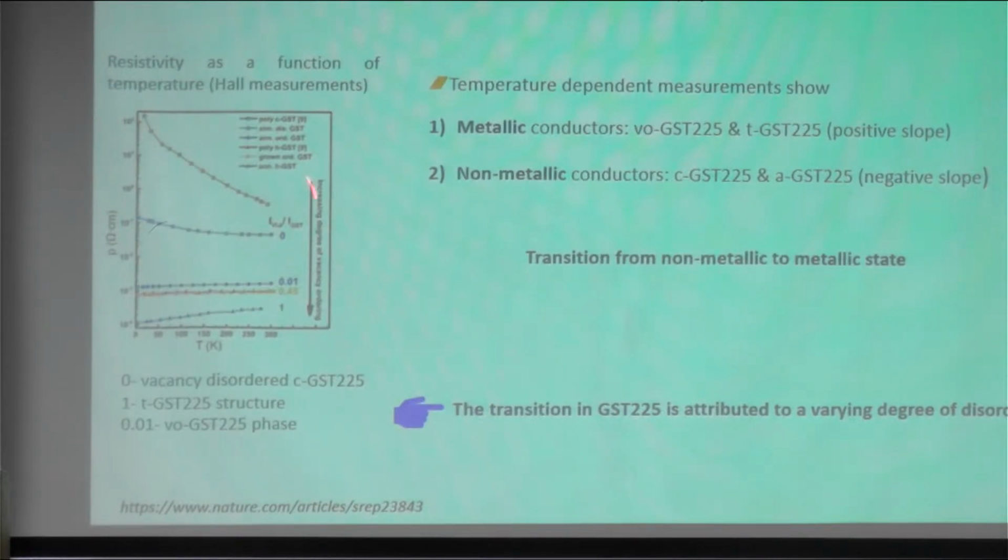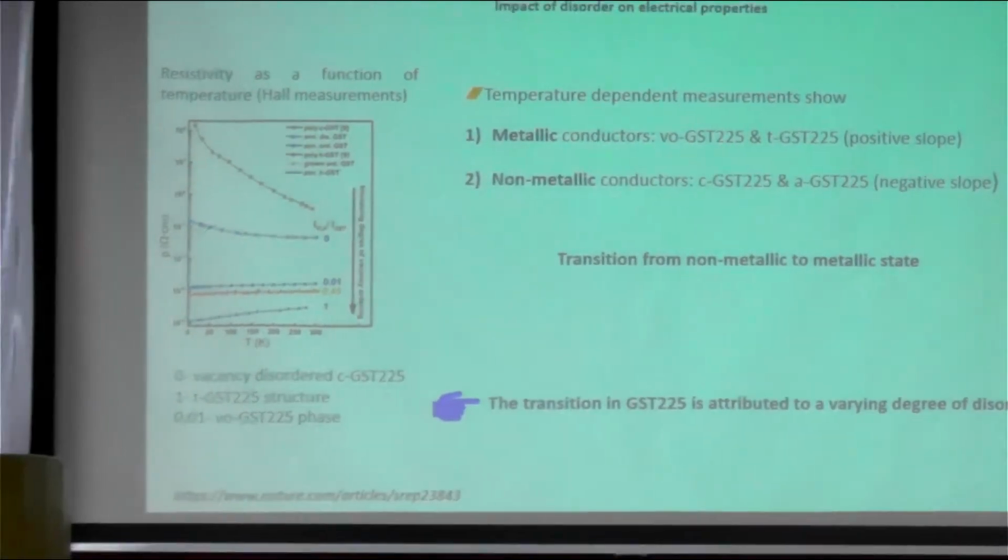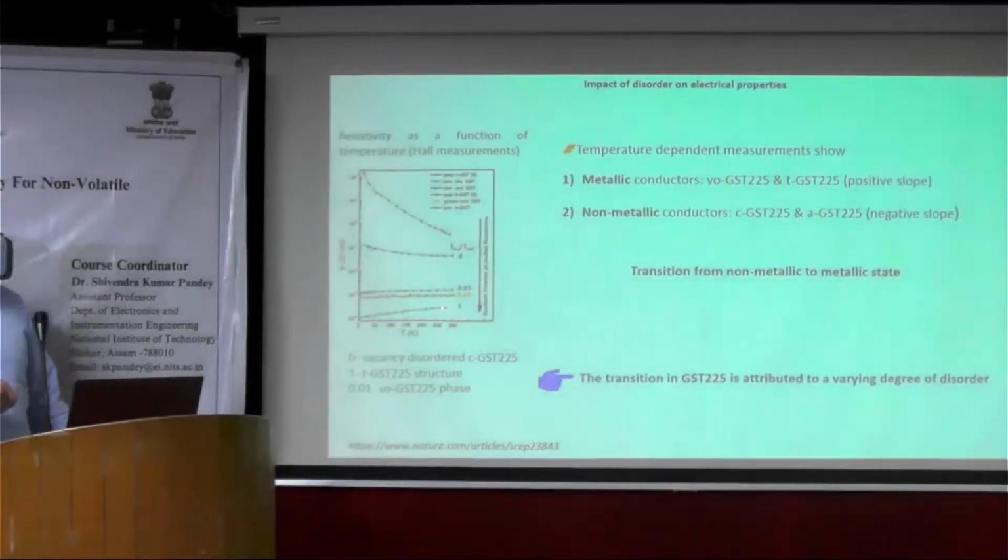The other two crystalline phases, the vacancy ordered and trigonal phases, showed a positive slope, so they are metallic conductors. This transition from non-metallic to metallic behavior is driven by the ordering of structural defects, in particular the vacancies present in this phase.